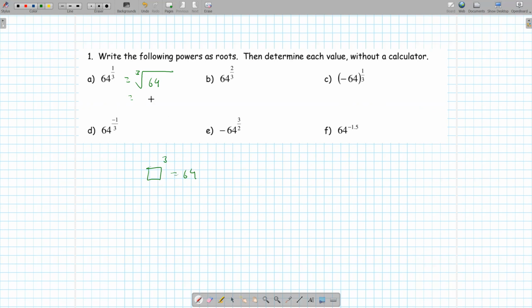It's a 4, okay? It's a 4. Cool. 4 power 3 is 64. That's why the cube root of 64 is a 4. You got it?